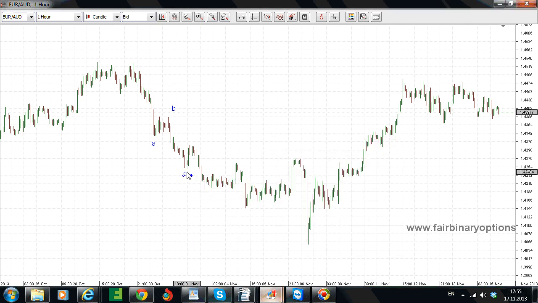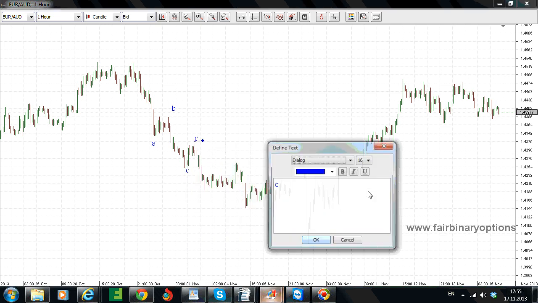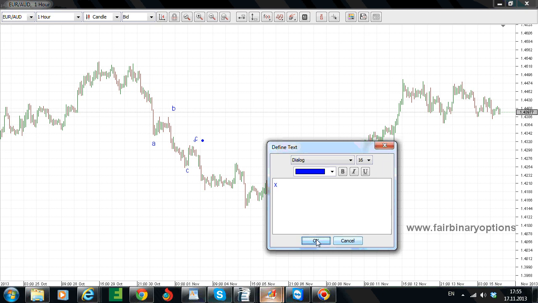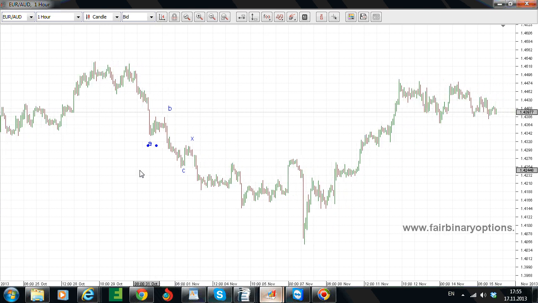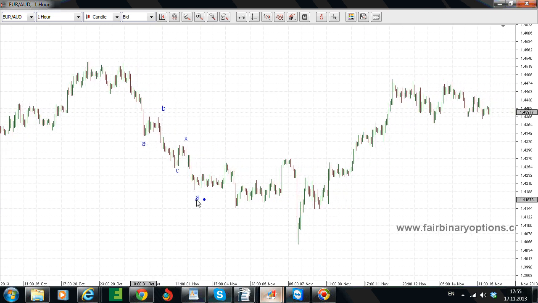Then we have an X wave of the same degree, and another zigzag to the downside, A, 1, 2, 3, 4, 5 to be done here. Then the B wave, so A, B, and the C wave to the downside, most likely here.